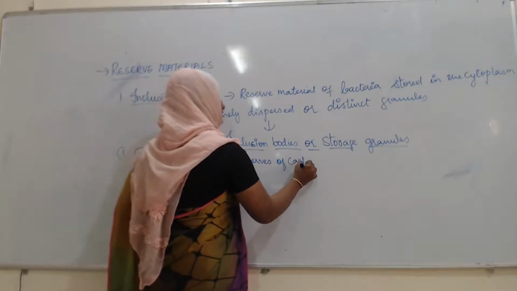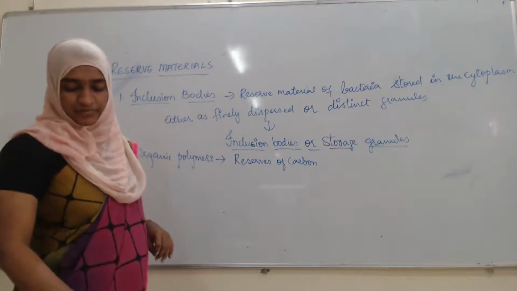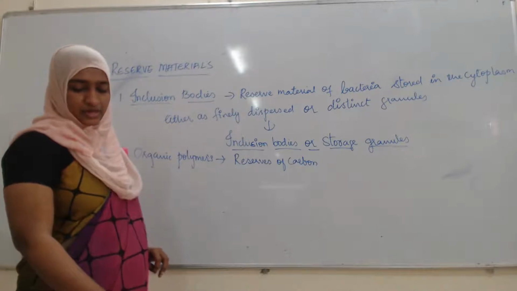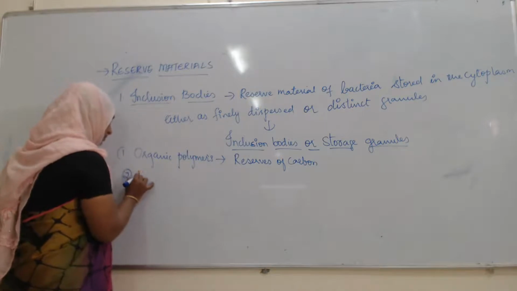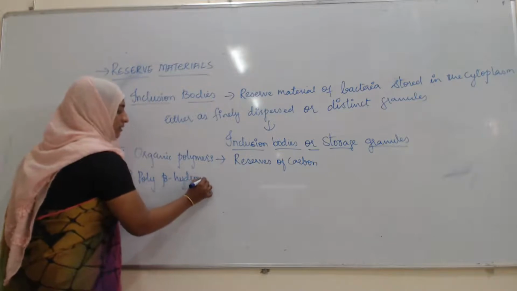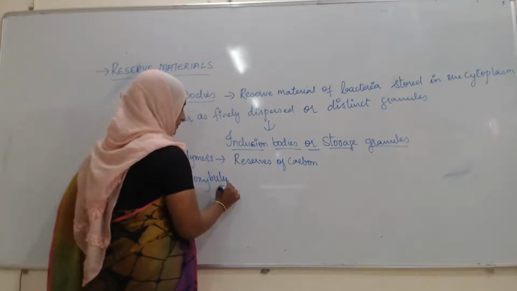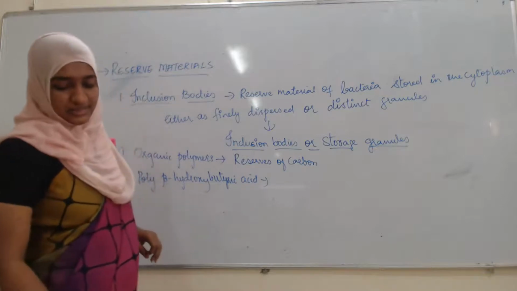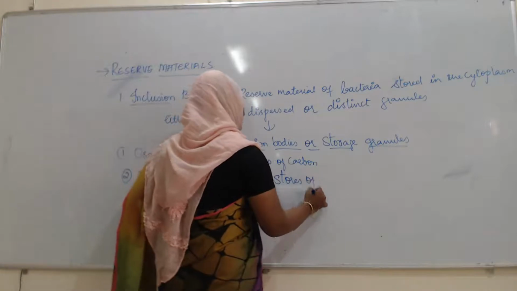This will store the carbon, and the second one, poly beta hydroxybutyric acid, will serve as a store of energy.